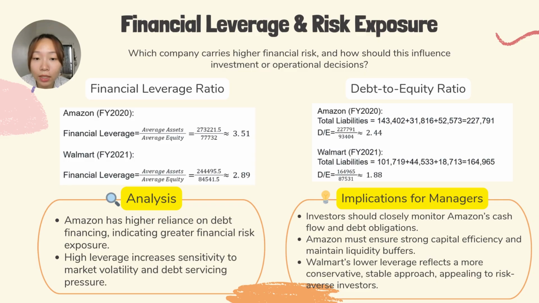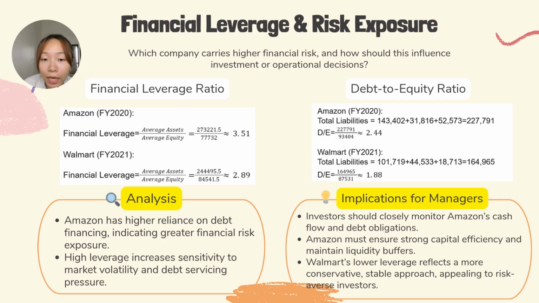As a result, it becomes more exposed to interest rate fluctuations and debt repayment obligations, which can impact its stability during economic downturns. While high financial leverage can enhance returns in strong growth periods, it also increases vulnerabilities when markets are risky.